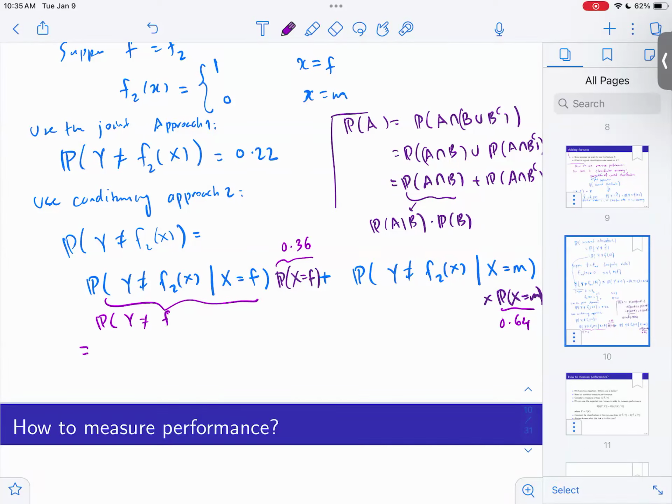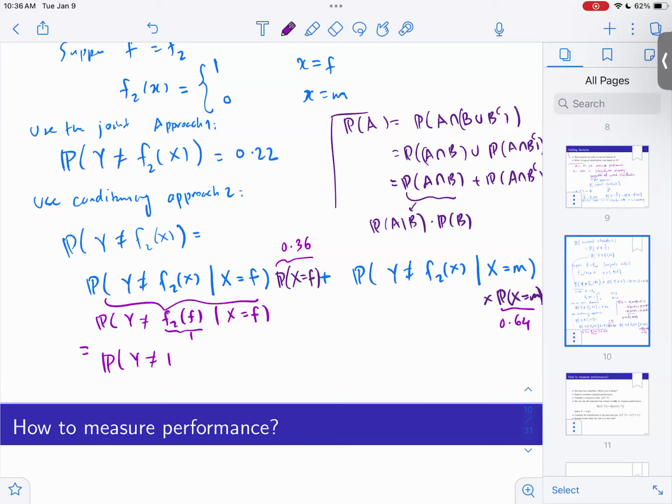Sorry, f2 of f is survive, so this is 1, right? That's the idea. Once you condition on x, the classifier is completely determined, then I can do the conditioning. And we actually evaluated the conditioning before.